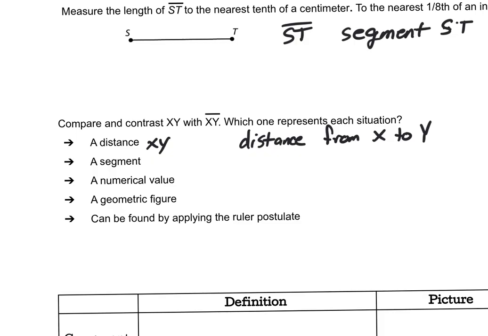If we're talking about an actual segment and we want to label a segment, then we want to label it with the segment symbol. Okay, so those are read differently and they mean different things. One has the symbol above it, one doesn't. If it doesn't have it above it, we're looking for the length of that. If it does have the symbol above it, we're actually talking about the figure, the segment part, and so they mean completely different things. Which one of those would give me a numerical value?